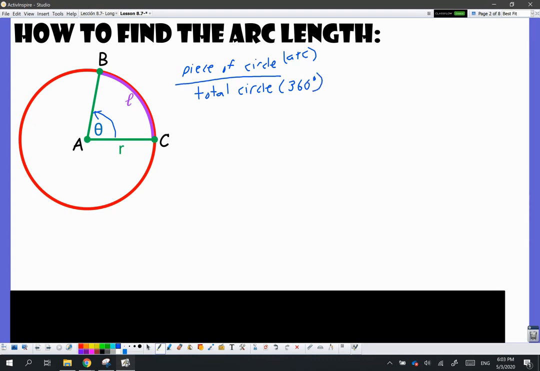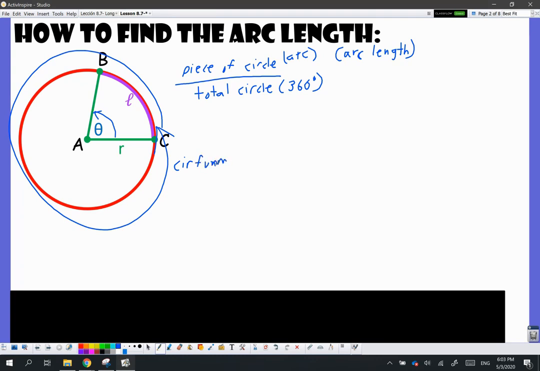But there's another way to have a piece of a circle and a total circle, and that other way is to have the arc length, which is what we're talking about right now. And so what can I do to find the total length around the circle? The total length around the circle is the circumference, right?